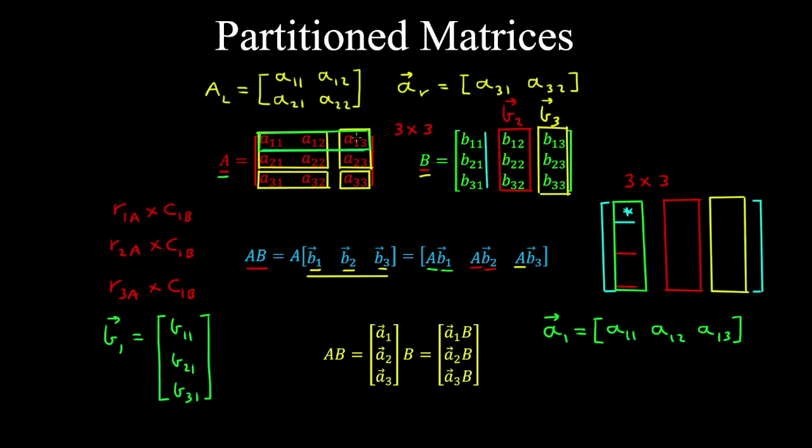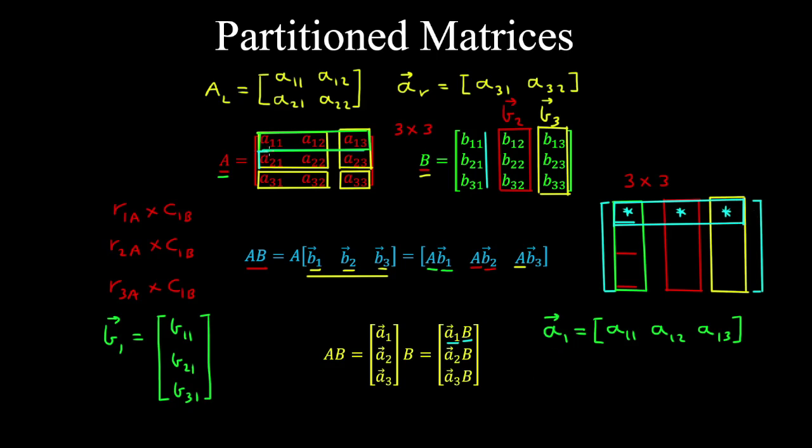And multiplying this row vector in A by the second column of B gives this entry. And multiplying this row vector by the third column in B gives this entry over here. So essentially multiplying this row vector in the first row by the entire matrix B gives the entries in the first row of the matrix.